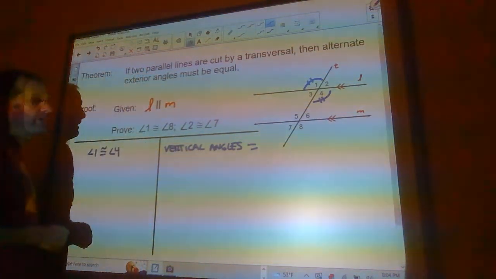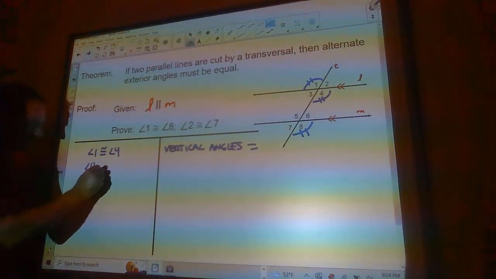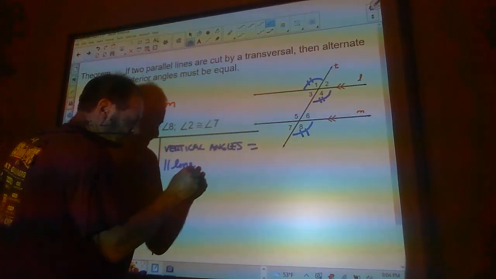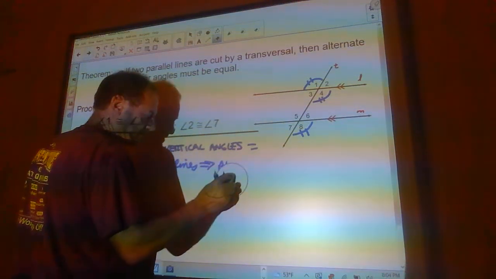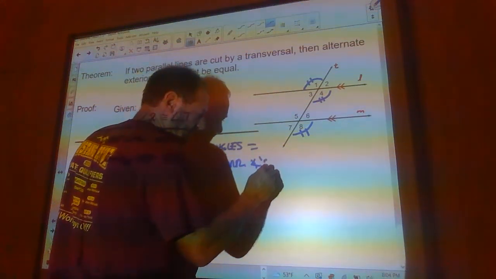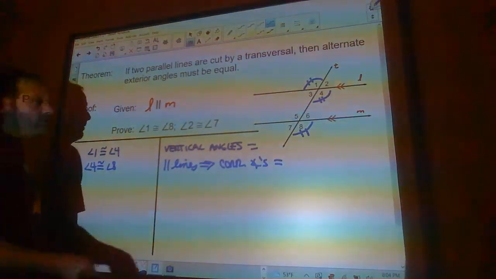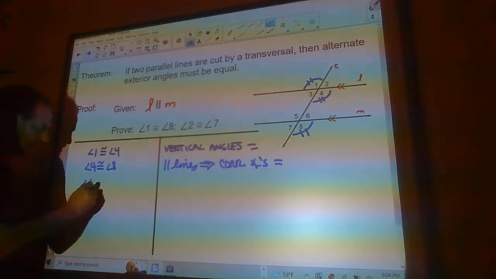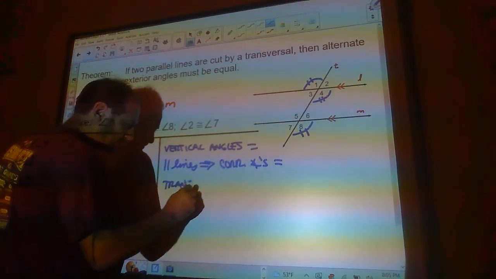Okay, now we can say that angle 4 is congruent to angle 8 because parallel lines imply corresponding angles are equal. Okay, because these are corresponding angles. And now we know that this one's equal to this one, this one's equal to this one, so these two must be equal. Angle 1 has to be congruent to angle 8. Okay, transitive property again.